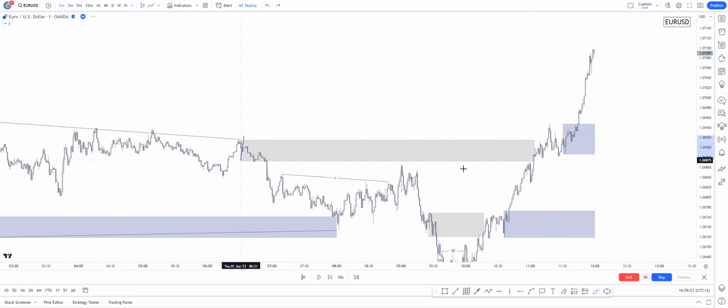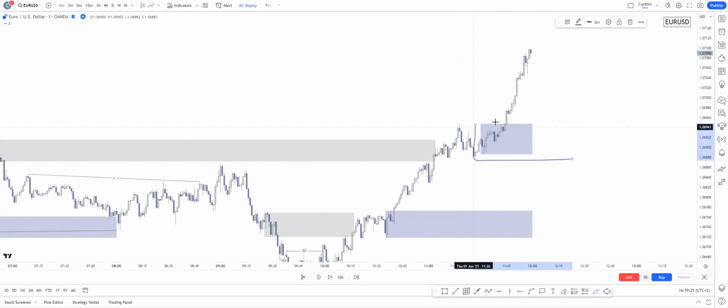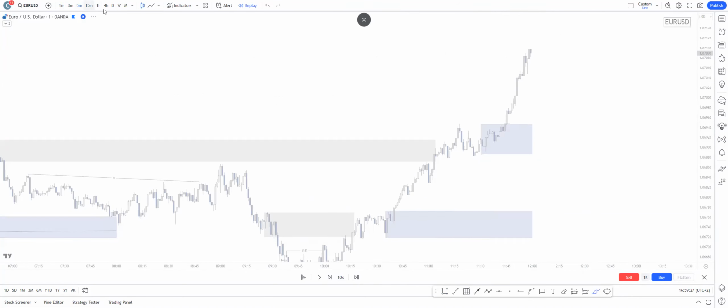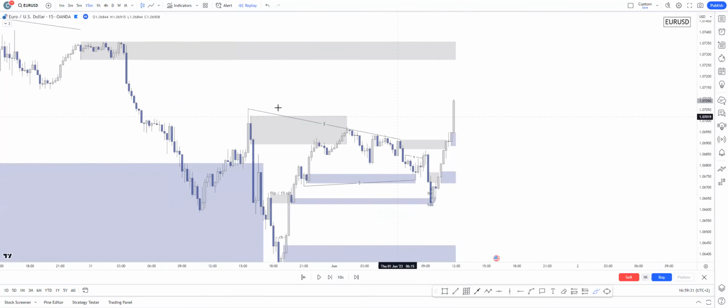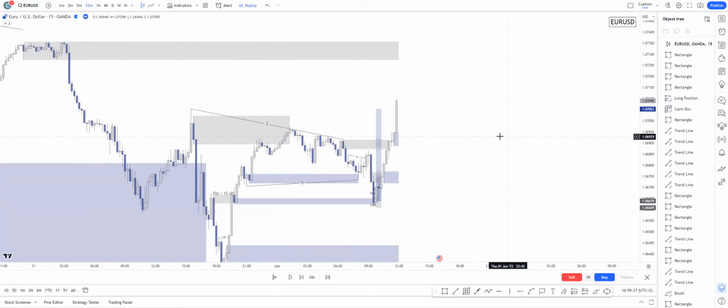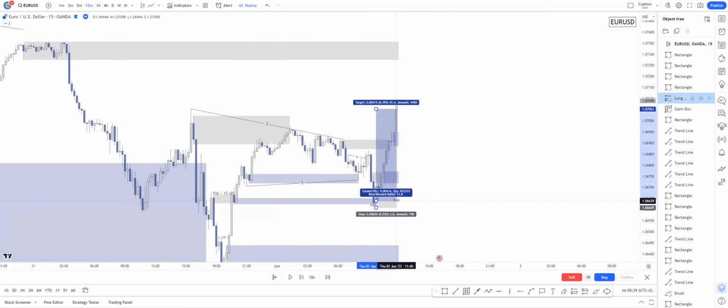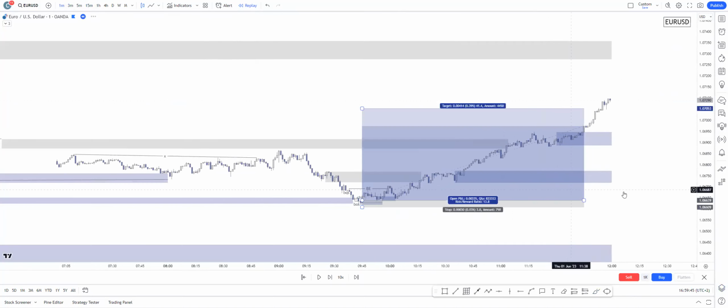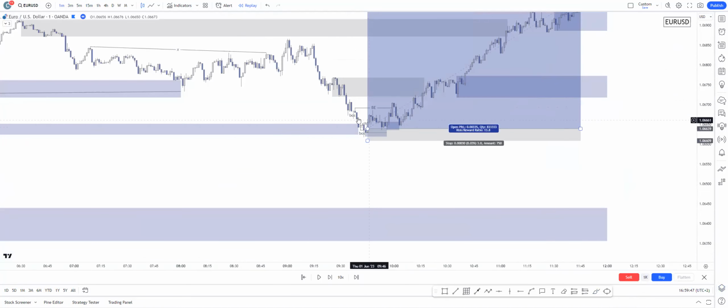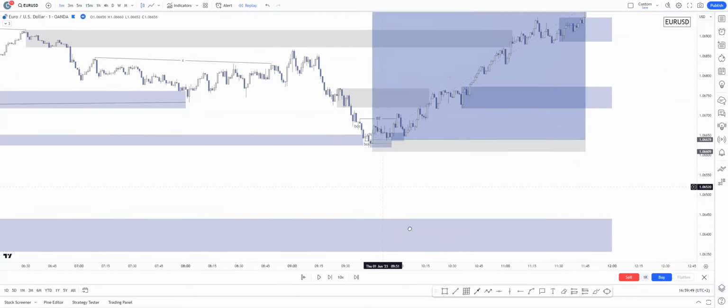This 15-minute supply has been flipped with this 15-minute demand, but it couldn't really manage to print a new entry opportunity. But you can see that the sweep of this liquidity happened, which means we have a possible full TP on this long position that has occurred at the beginning of the session.